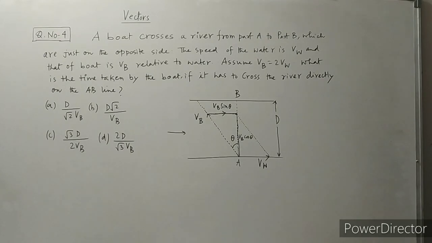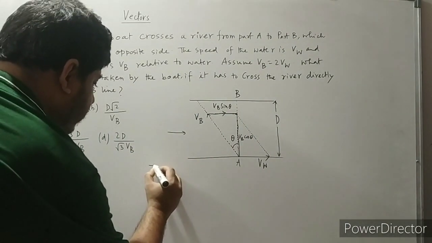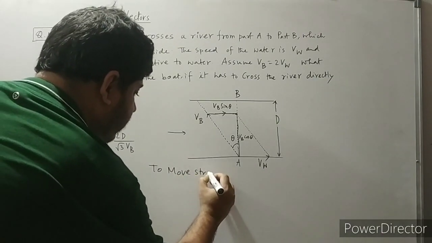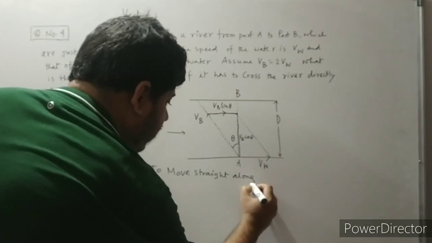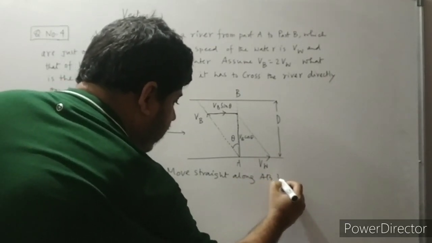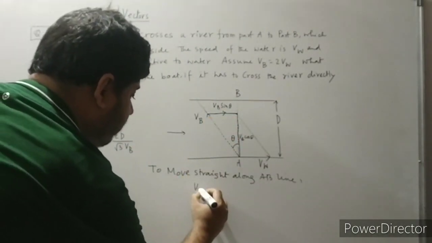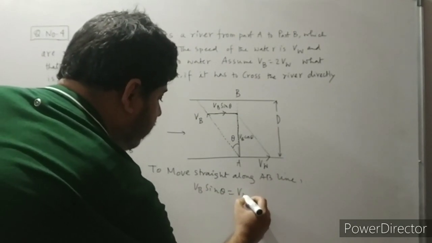So obviously, to move straight along the AB line, this component, VB sin theta, should be equal to VW.